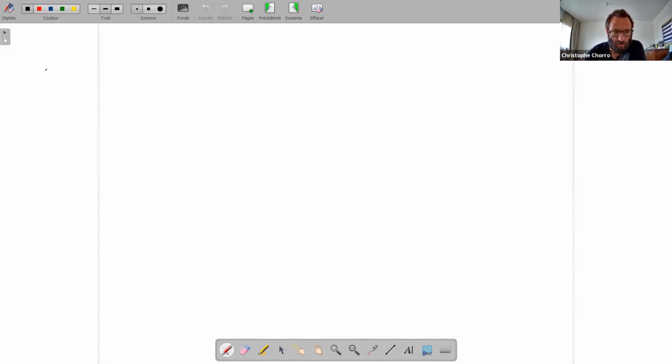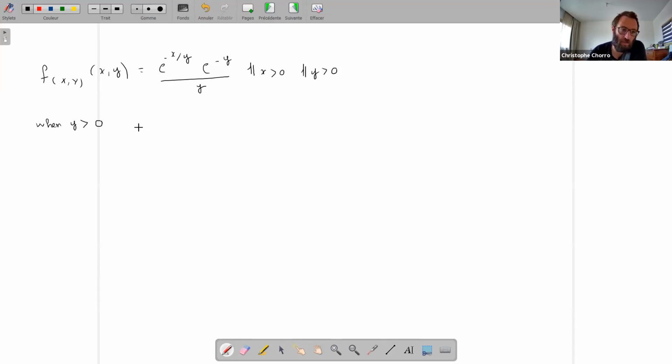If I start with a joint density function given this way, exponential minus x over y, exponential minus y over y, indicator function x strictly positive, indicator function y strictly positive, we have seen together that when y is strictly positive, given capital Y is equal to small y, x follows an exponential of parameter 1 over y. It's a computation I have done in the previous video.